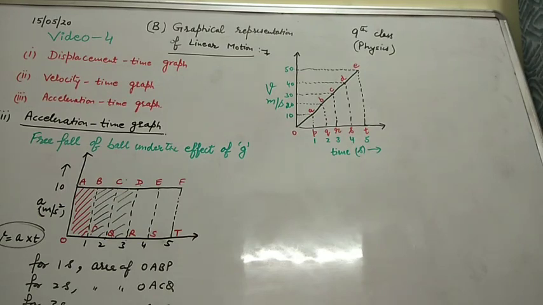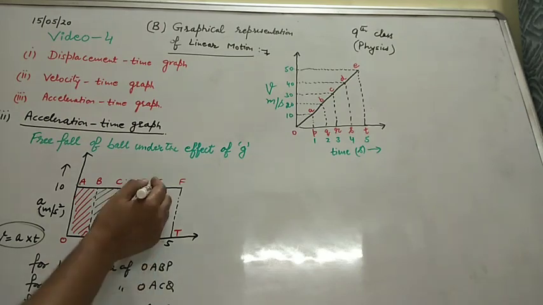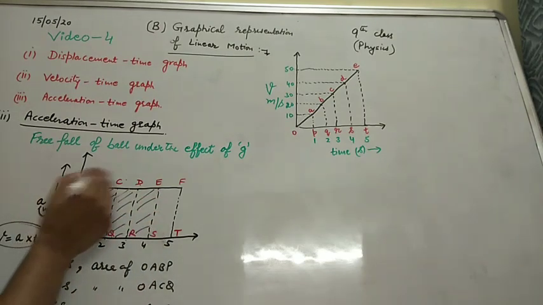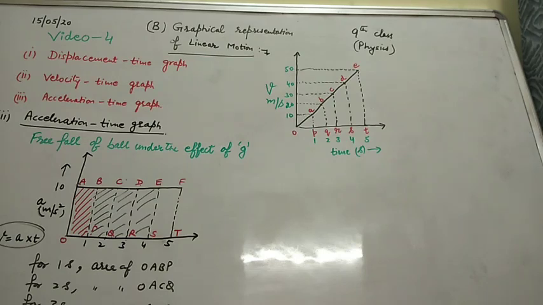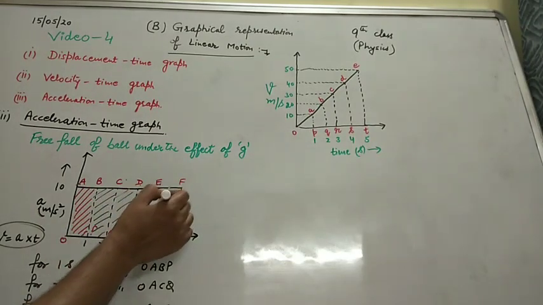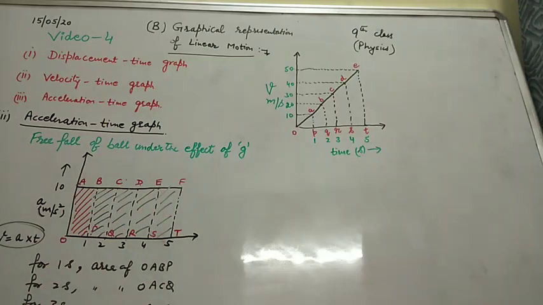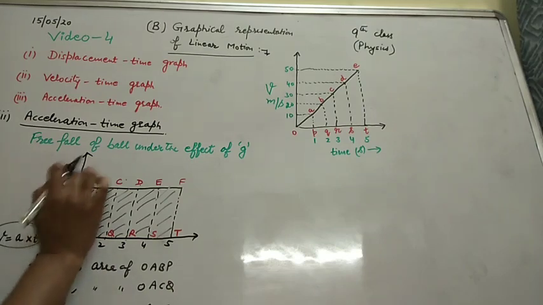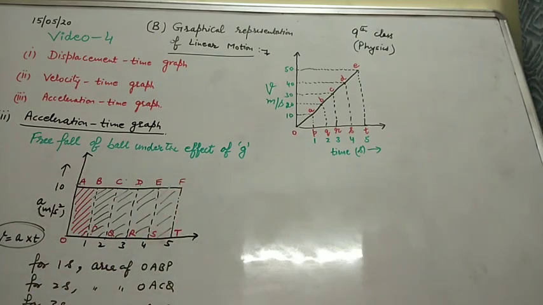For 4 seconds, the area of this complete rectangle OAES. And for the last interval, that is 5 seconds, velocity we can get by finding the complete area of this acceleration time sketch, that is OAFT.